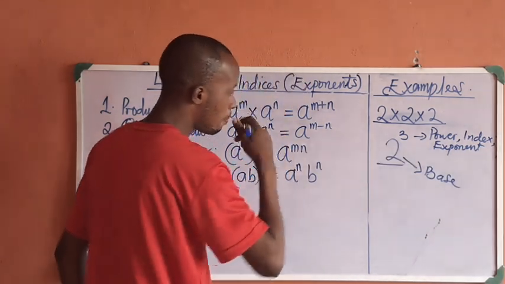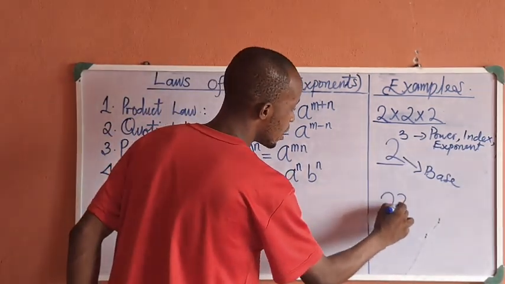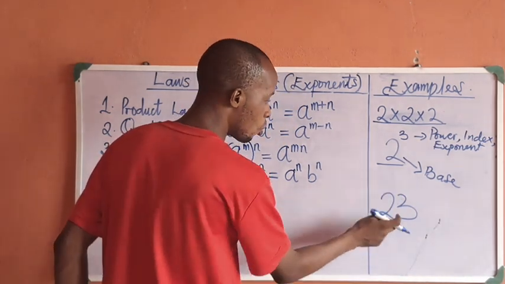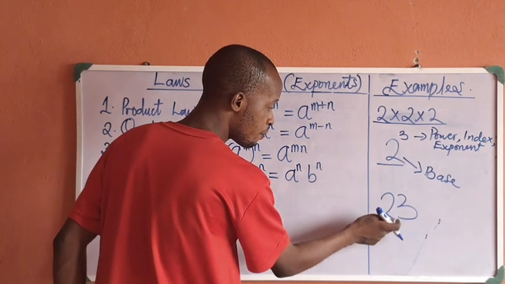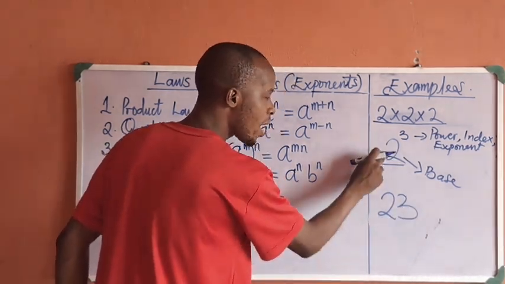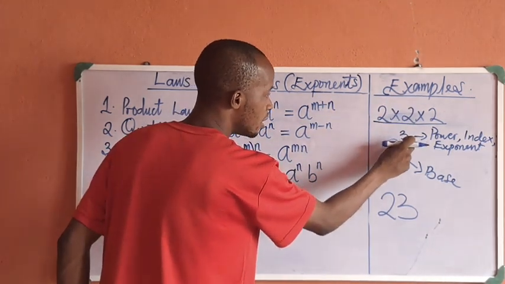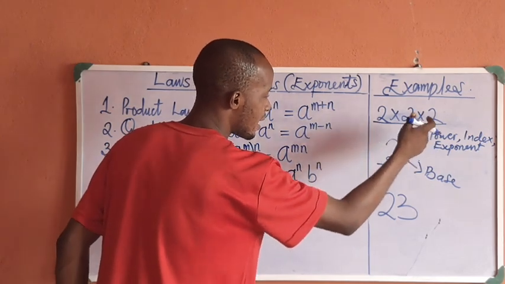The base. And please take note of this. I didn't write mine this way and call it 2 having the power of 3. No. If you write this number this way, you have simply written 2^3. This is pronounced as 2 raised to the power of 3, or 2 having 3 as index or as exponent.